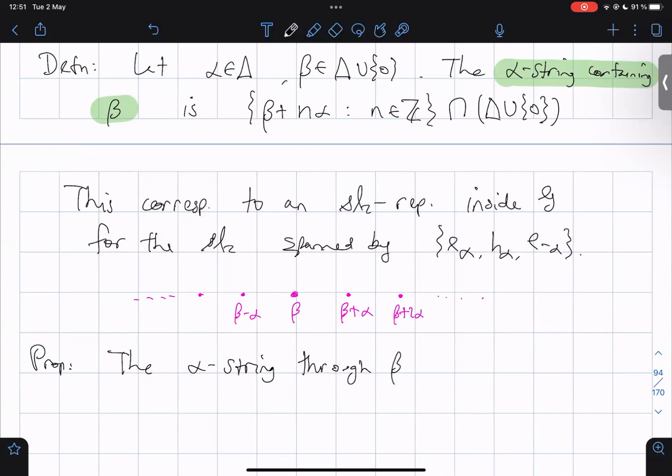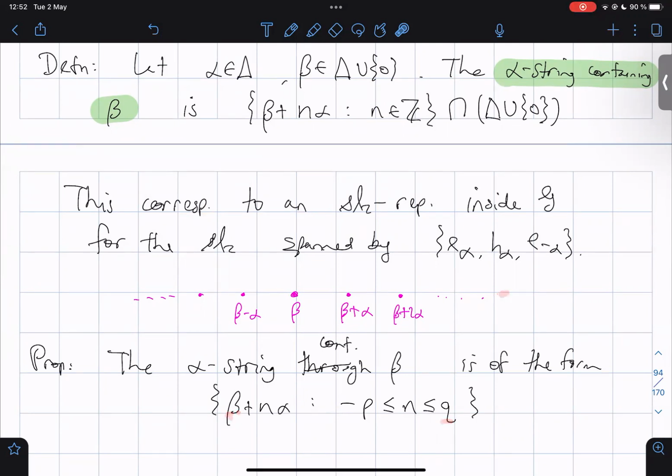So the alpha string containing beta is of the following form. Basically, there's not going to be any holes. You're going to go up to some maximal non-negative integer q, so beta plus q alpha.